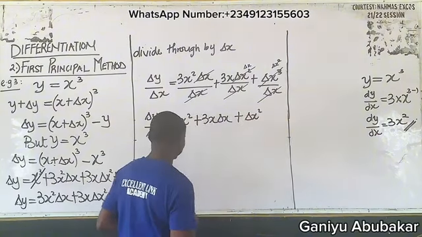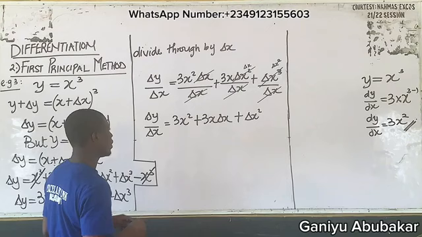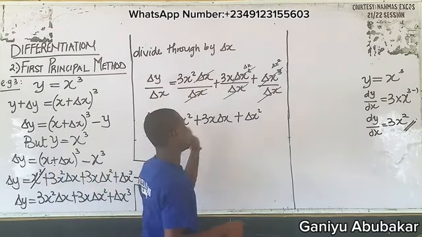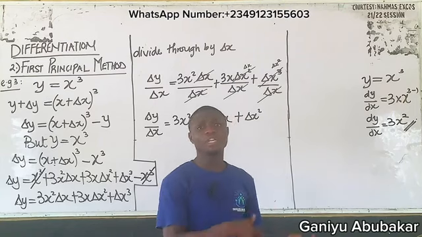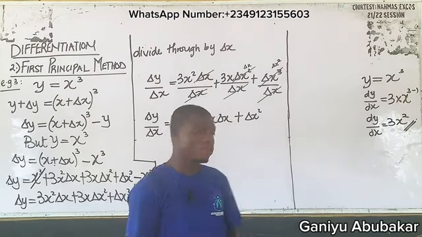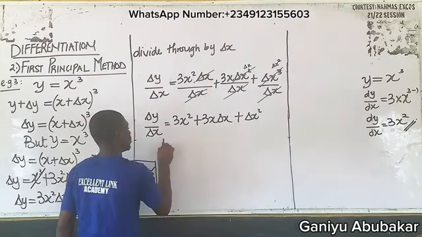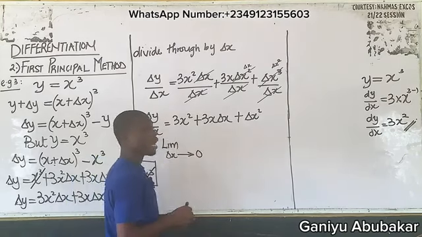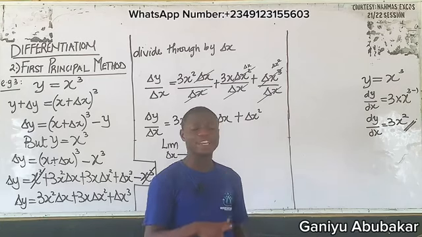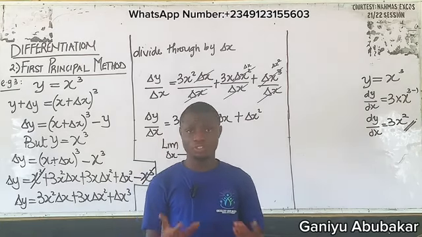At this junction, we said whenever you divide through by change in x and you are still left with change in x, you take the limit of change in x to be 0. Taking the limit of change in x to be 0, in a layman approach, it means that anywhere I see change in x, I'll put 0.